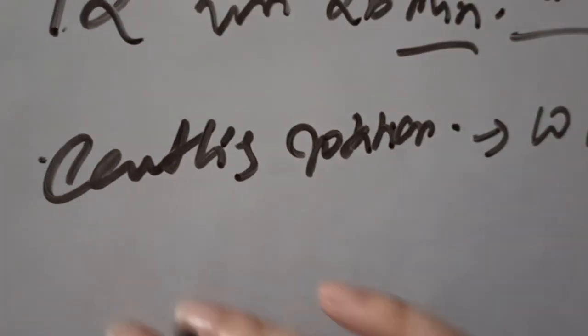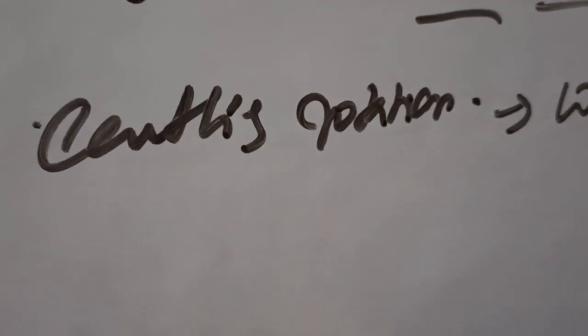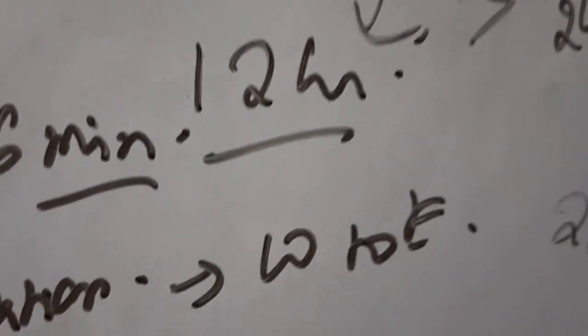So if the moon had been stationary, the places on the earth's surface would have come exactly under its effect in 24 hours, and the next primary high tide would have occurred exactly after 24 hours. But the moon revolves around the earth and completes one revolution in almost 28 days.